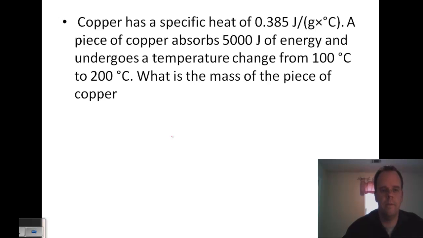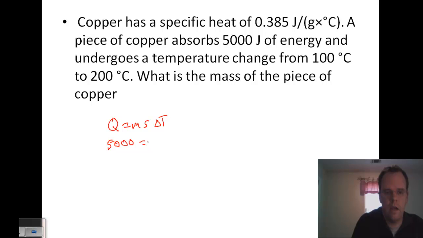And the third problem here: copper has a specific heat of 0.385. A piece of copper absorbs 5,000 joules of energy and undergoes a temperature change from 100 to 200. What is the mass of the piece of copper? So Q equals msΔT. 5,000 equals the mass, which we're trying to find, the specific heat, 0.385, and a change of temperature of 200 minus 100.